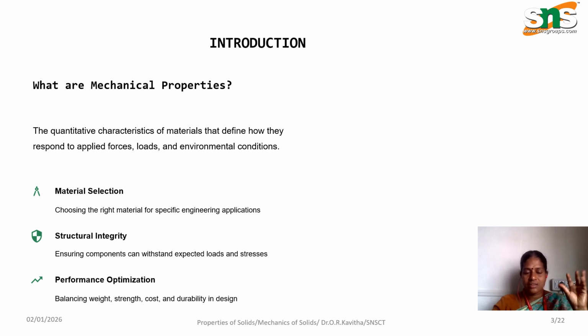The selection of material is very important, and it will vary according to the application. We also have to ensure structural integrity, since all the components we are designing should withstand the expected loads and stresses. And we have to get performance optimization, so it should balance weight, strength, cost, durability, etc., while we are designing.